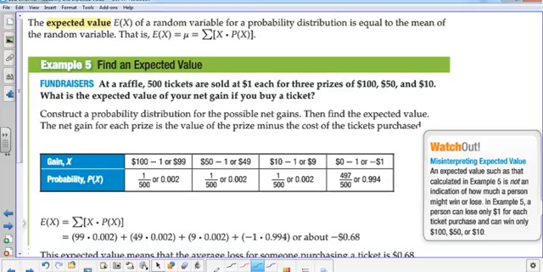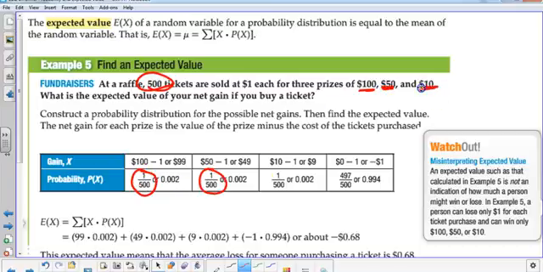All right. Expected value, guys. One more concept today. Expected value. I need you to follow along closely here. If we have a raffle where 500 tickets are sold, we're going to have one prize of $100. So the probability is 1 out of 500. We're going to give away one $50 prize.